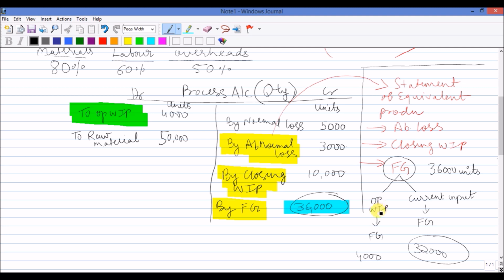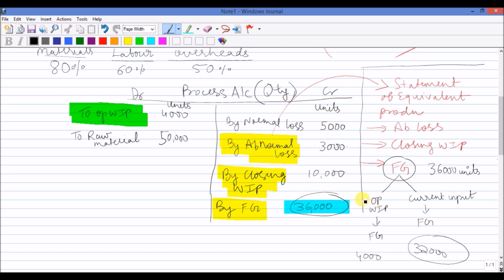One is the opening work in progress, which will be converted into finished goods, and you are aware that it is 4,000 units, and the other is the current input which is converted into finished goods. So out of 36,000, 4,000 units belong to the opening work in progress, and the remaining 32,000 units shall be the current input converted into finished goods.